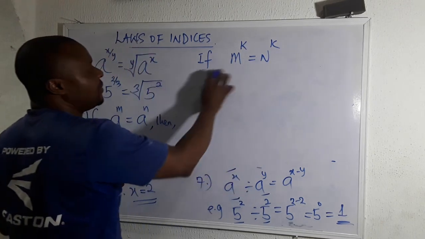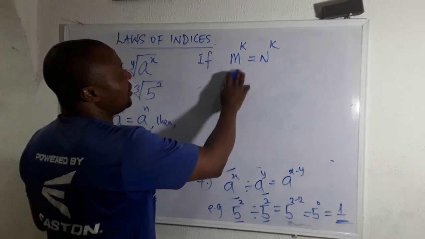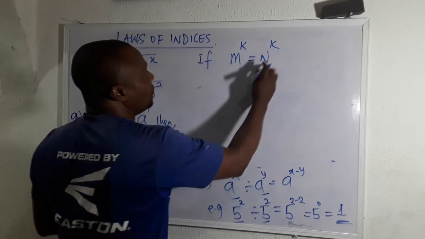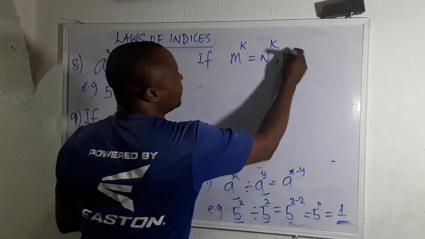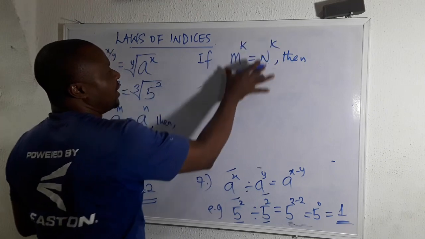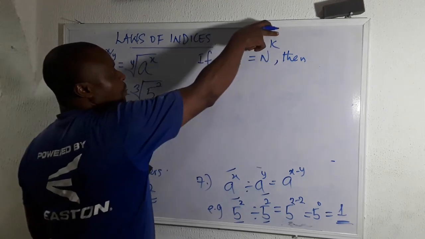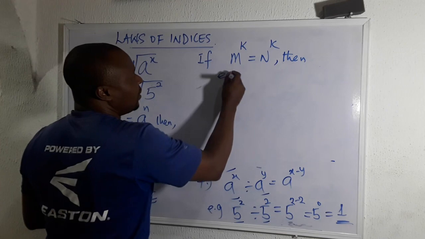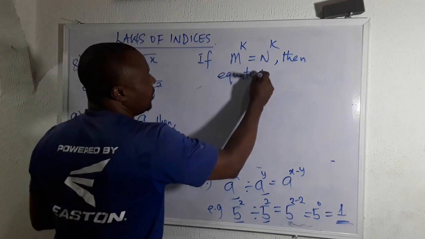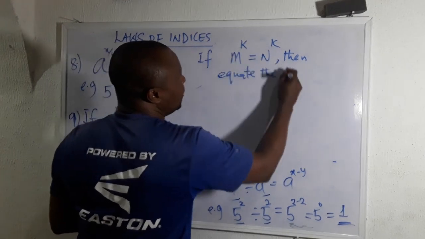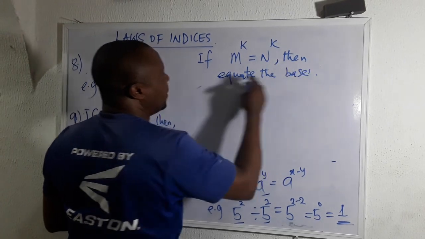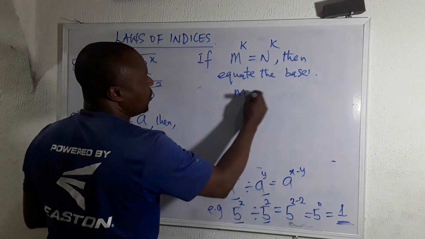Now you can see if this happens and we have that the powers are the same but the base are different, then we ignore the powers and we equate the bases. So we have that, therefore m will be equal to n.